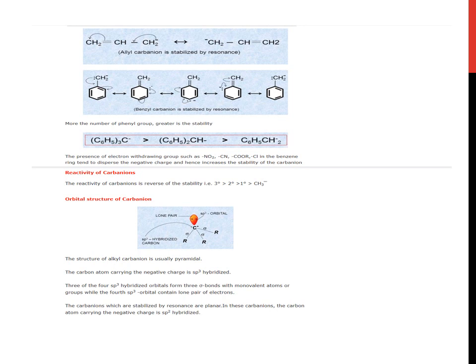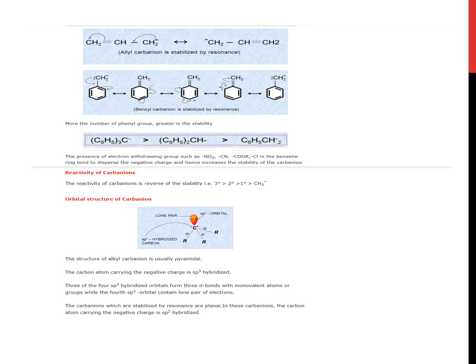One more example is the benzyl carbanion. In this case, there is a CH2 negative group attached to a benzene ring. It means there will be 5 possible structures. Structure number 1 and structure number 5 are the same except in the arrangement. Now, there will be a double bond introduced between the carbon of the benzene ring and CH2.